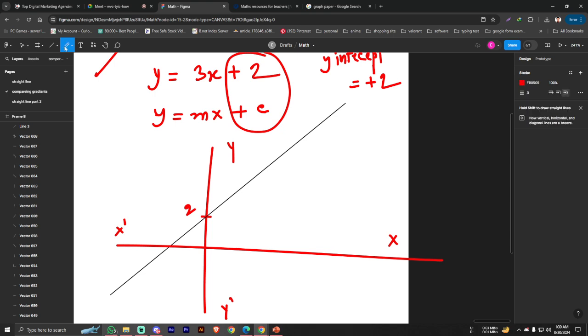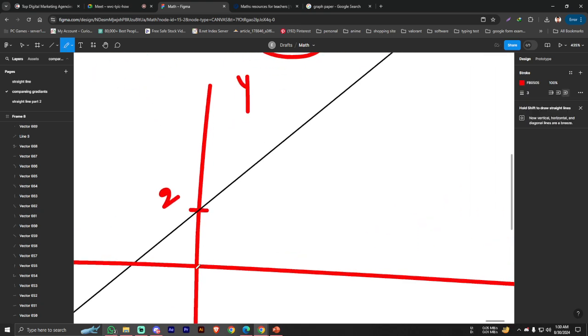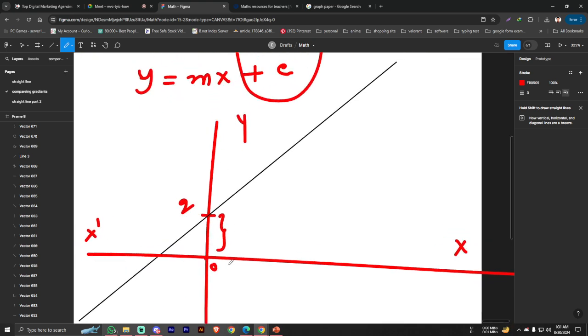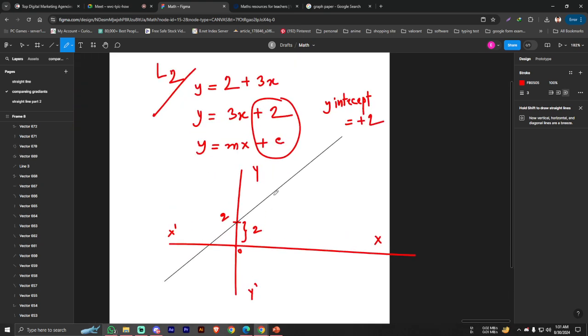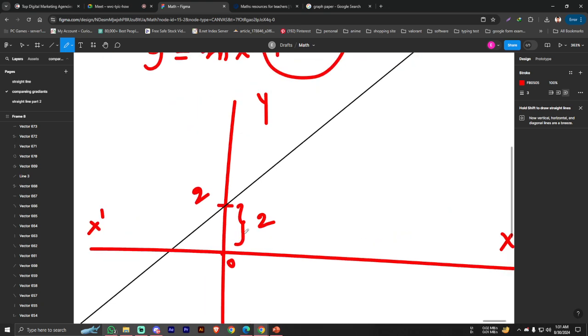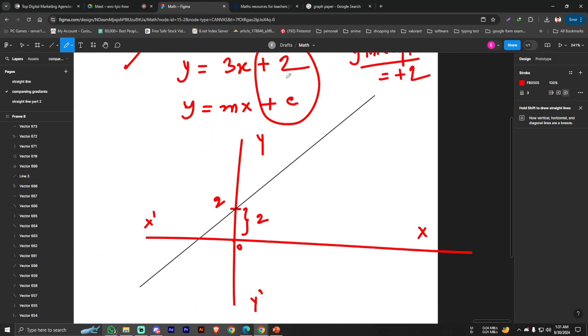What it shows is that from 0, how many squares or units it cuts off from the y-axis. So it will cut off 2. That's why y-intercept means the value at which the graph cuts the y-axis.